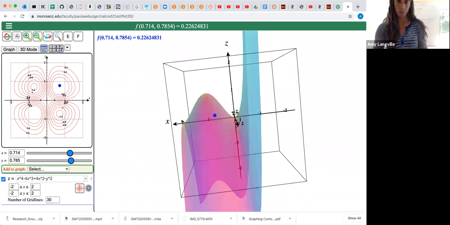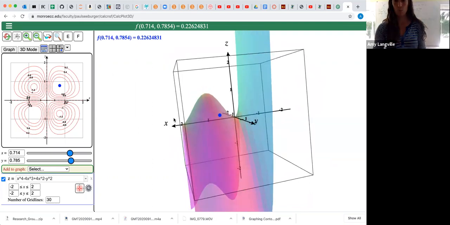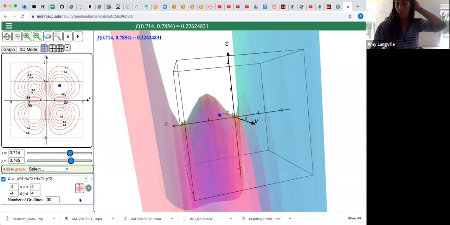It looks like something else is happening over here, at x equals 2, y equals 0, which is what our calculations had borne out. I just need to change the range though, because I'm only looking at a restricted part here. So I'm going to go down here and say I want to go from -4 to 4, and let's see what happens. I think some of it gets really, yeah, these two walls get really big.